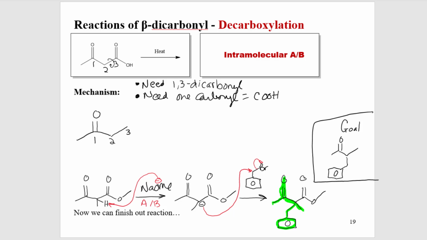So here's carbon 3. But instead of going up with the carbonyl, I'm going to draw what really is occurring. I just rotated it. This is a more accurate representation of how this molecule sits.